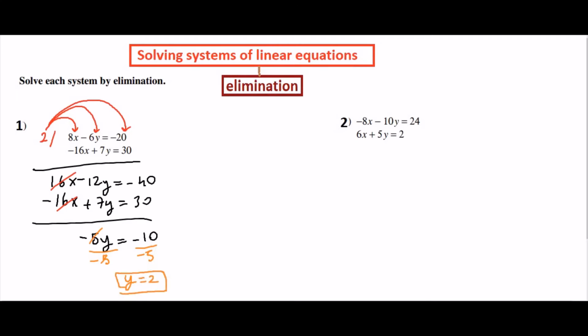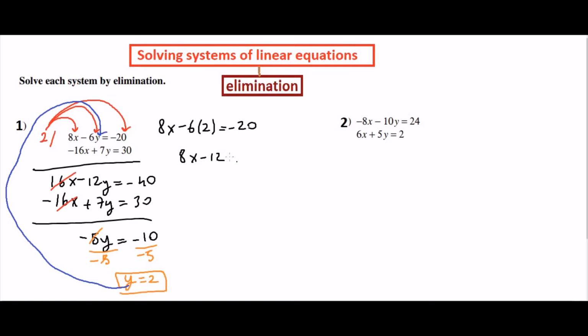If the y value is 2, then I can find the x value. I need to plug the y value into one of the equations above. I would like to pick the first equation. So 8x minus 6 times 2 instead of y equals negative 20. So 8x minus 12, since 6 times 2 is 12, equals negative 20.